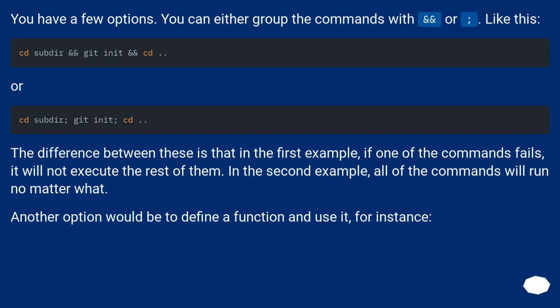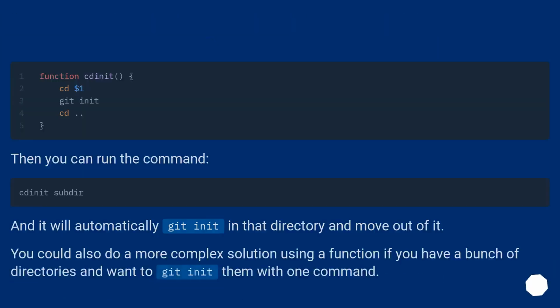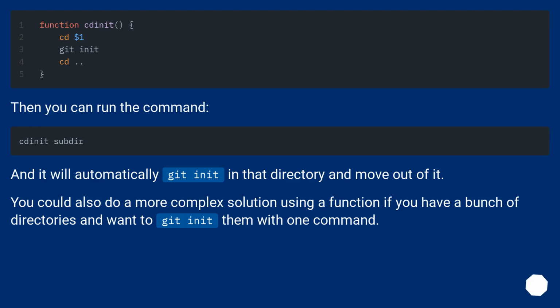Another option would be to define a function and use it, for instance. Then you can run the command, and it will automatically git init in that directory and move out of it.